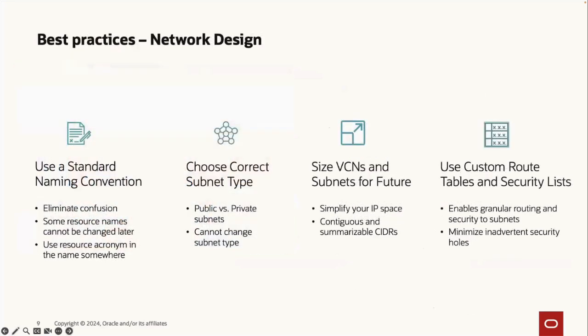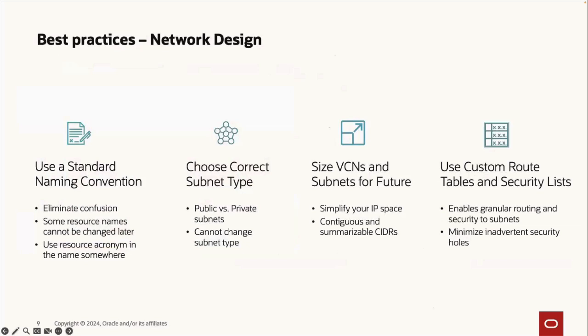And then rounding out the last network design best practice. One other thing that I see on a regular basis is we go into the console and I'm watching the customer provision a network resource like a DRG. The very first thing they have to do is give it a name and everybody kind of pauses because nobody knows what to call it.